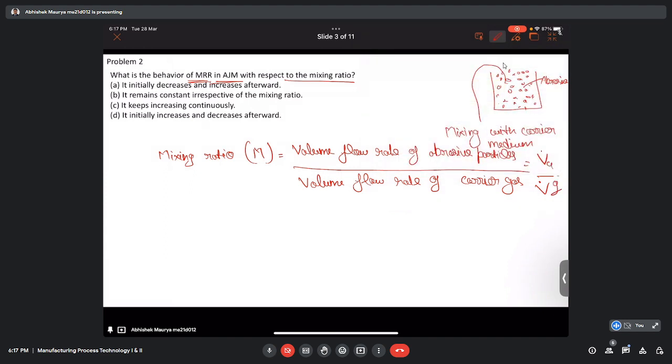Okay, so now if we increase this mixing ratio, what should be the behavior of the MRR, or material removal rate? If you remember, MRR is nothing but the rate of material removal. And the aim of machining is to get higher MRR without compromising the quality.